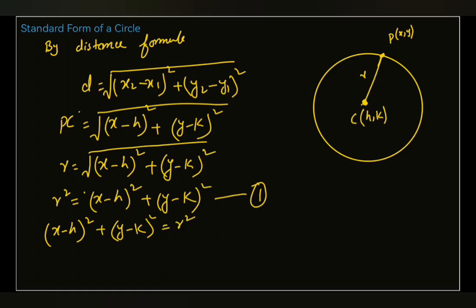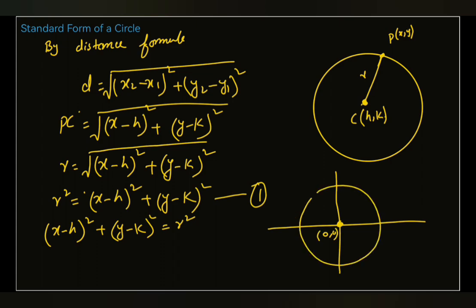If we draw this circle on a plane, this is already in a plane. But if we take the center (h, k) as (0, 0), here is the center, 0 and 0, and draw a circle here. So put the values of h and k as 0. So (x minus 0) square plus (y minus 0) square is equal to r square.